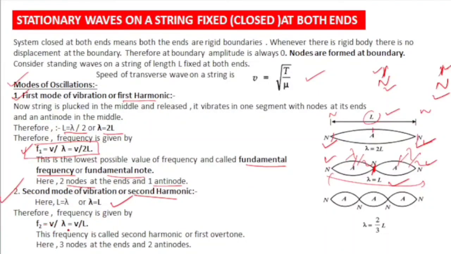So the frequency becomes f2 equal to v by L. This frequency is called the second harmonic, or first overtone. After the fundamental frequency, the next frequency is called the first overtone.